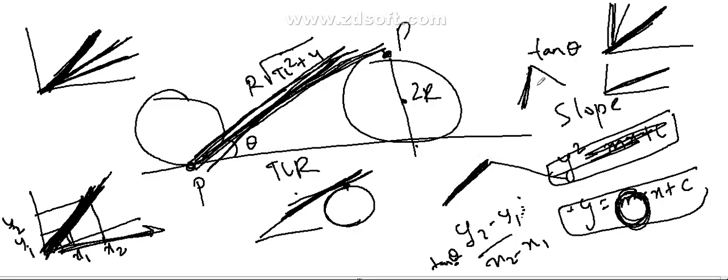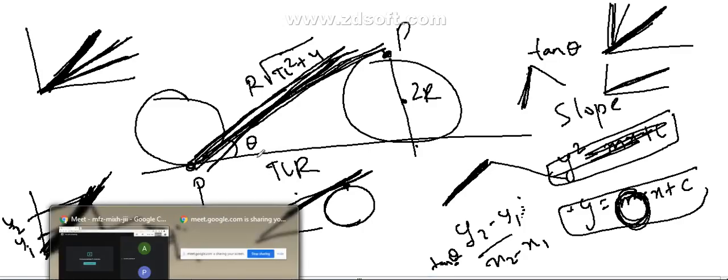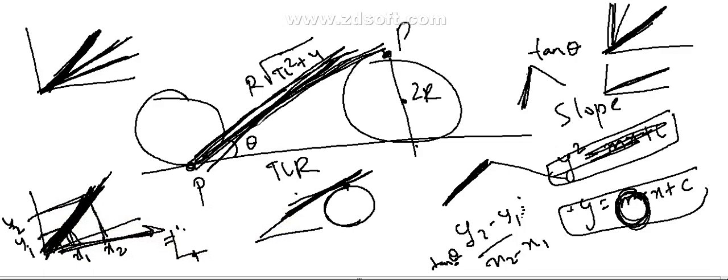So how to mathematically find out the slope? That is what I'm trying to tell you. To find out the slope, there are two methods. If you want to find it by the coordinate method, the formula is y2 minus y1 by x2 minus x1. This is when coordinates are given to you. But here we do not have any coordinates, so we will go with another formula, that is tan theta.